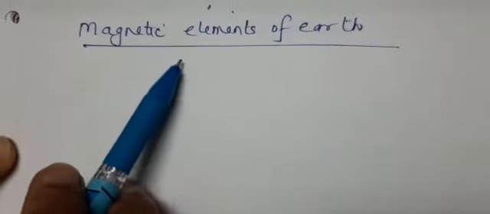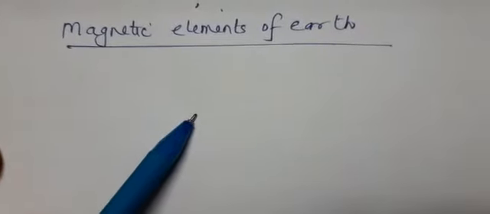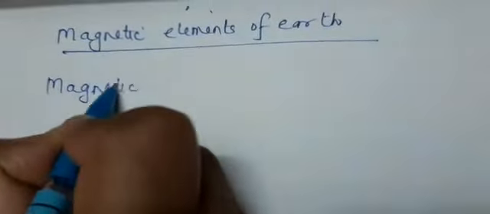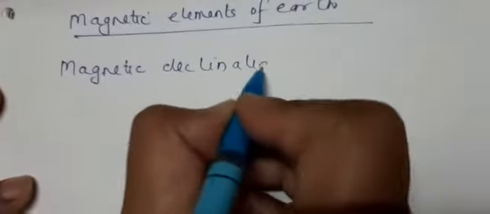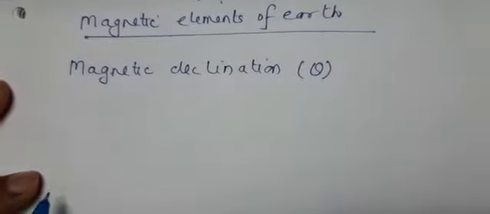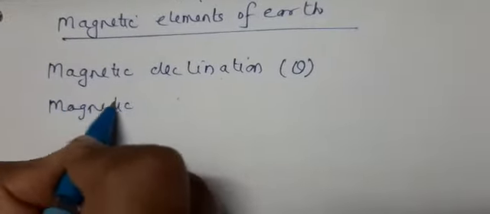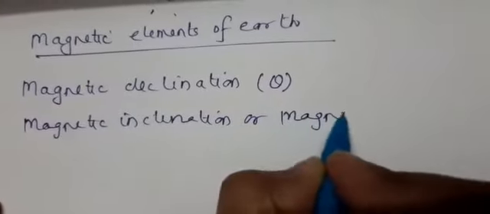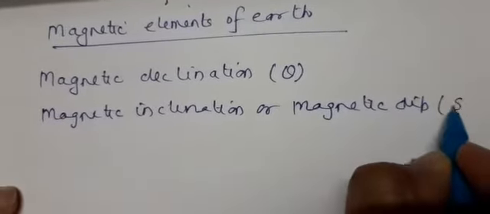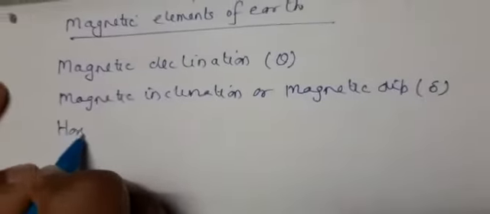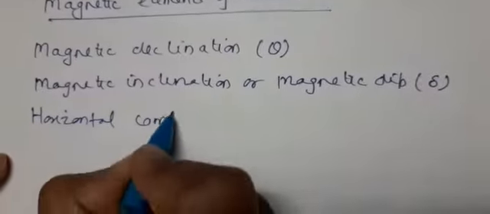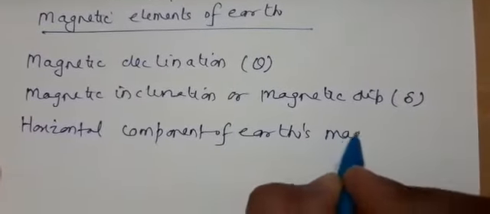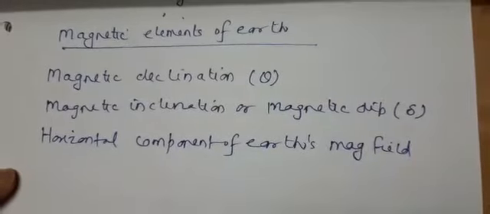These can be three elements: magnetic declination, which we represent by theta; next is magnetic inclination, also termed magnetic dip, which is represented by the symbol delta; and third is the horizontal component of Earth's magnetic field.